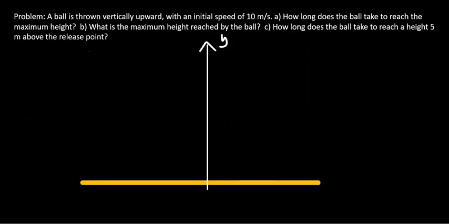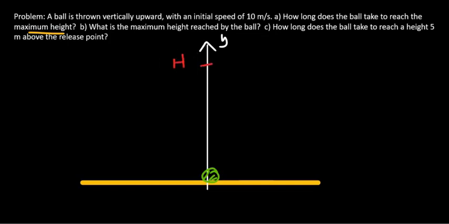To explain all this better, let's look at the following problem. A ball is thrown vertically upward. So let's assume it's thrown from that level, the ground level. The initial speed is 10 meter per second. How long does the ball take to reach the maximum height? Let's assume the maximum height is reached there.